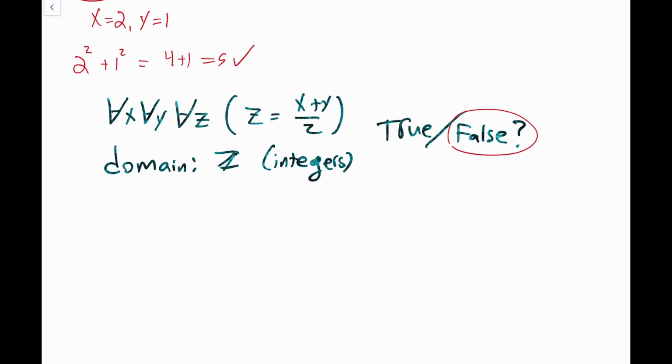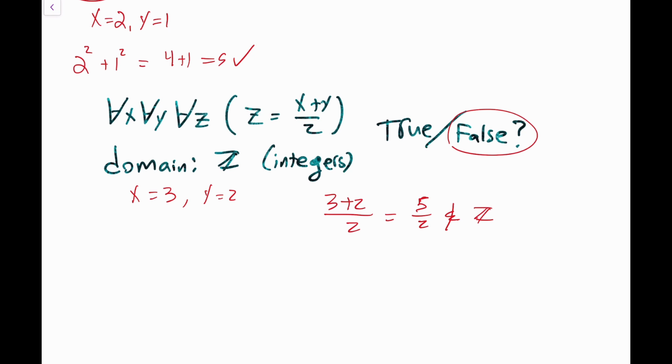Because for example, let's say that x is equal to 3 and y is equal to 2. 3 and 2 are integers, but z wouldn't be, right? Because we would have 3 plus 2 over 2, which is 5 over 2, but that is not a member of the integers.